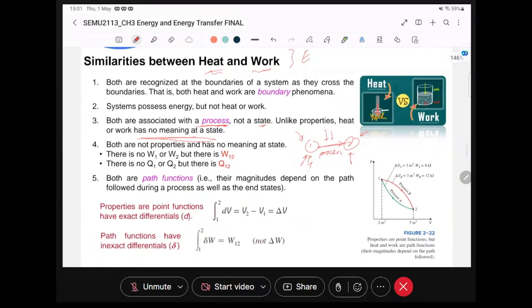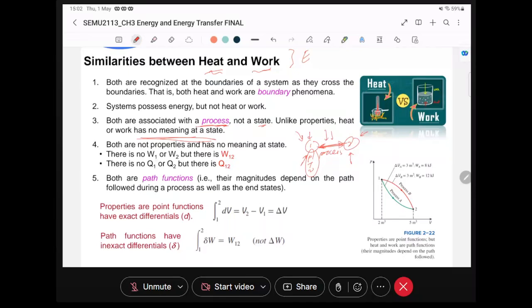Pressure, temperature, velocity, volume, specific volume are properties of a state. When we talk about heat energy in a state, there's not so much meaning. It's always the changes in energy that have meaning to us in thermodynamics.